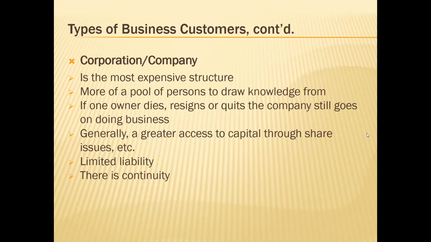So it goes back to, if one owner dies, resigns, or quits, the company still goes on doing business. Generally speaking, if all the owners die, the business can still go on. Because normally those persons will have named who will carry on, who has the right to their shares, ownership in the company. And so they'll just continue the business.